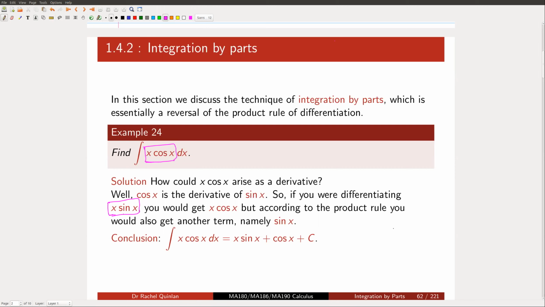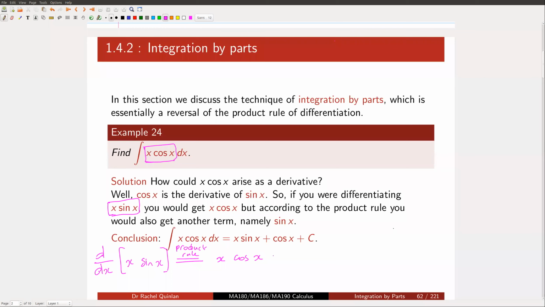So if we try x sine x and differentiate it: x sine x is the product of two functions of x, so to differentiate it, we have to use the product rule. What we're using here is the product rule for differentiation. That tells us that we should take x multiplied by the derivative of sine x, which is cosine x. That's great, that's actually what we want.